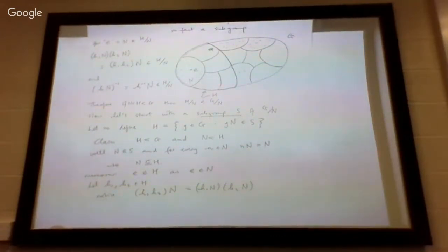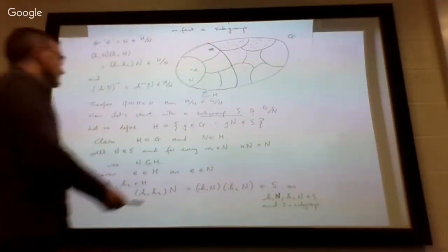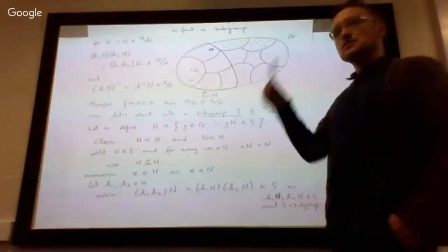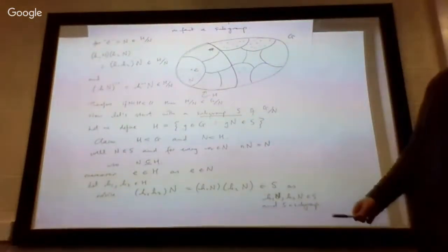So the coset operation is defined. And this is definitely an element of S, as H1 N and H2 N are both elements of S, and S is closed under its multiplication, which means that the pullback of it, the subset H, is also closed under its multiplication.